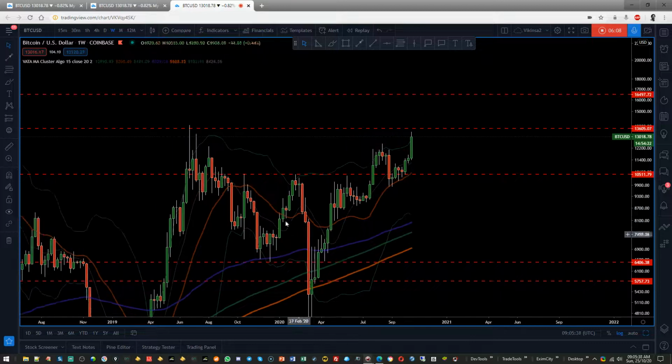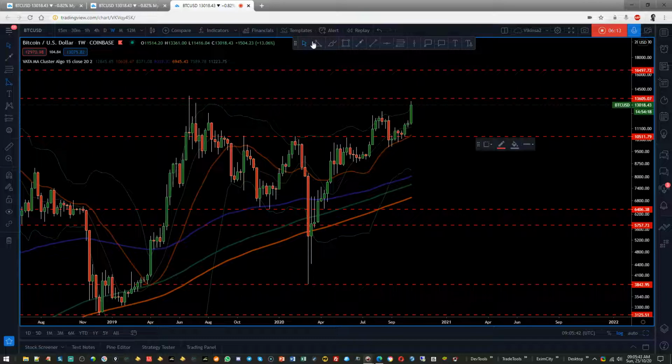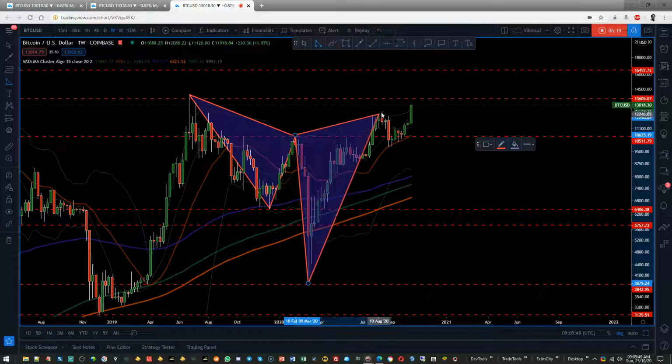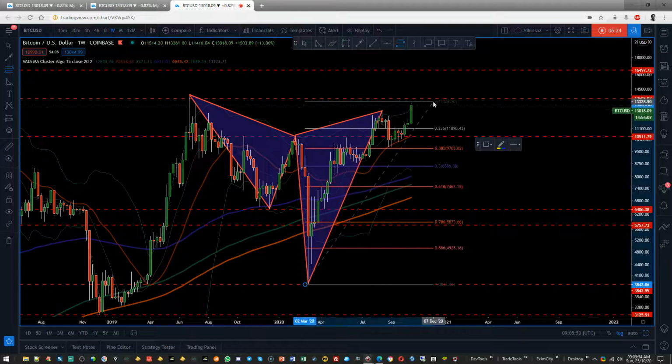Now this is a W pattern here, and if you're not able to spot it, let me quickly draw something like this for you. So this is a W pattern which actually completed here, but it was supposed to go down, but it didn't.